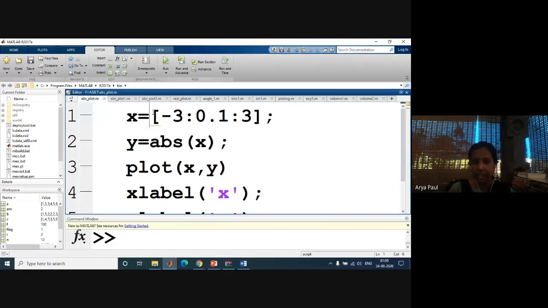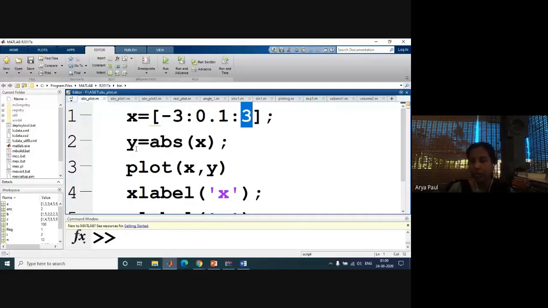This square bracket indicates that this is an array. The starting value is minus 3, the increment is 0.1, and the end value is 3. So x varies from minus 3 to 3.